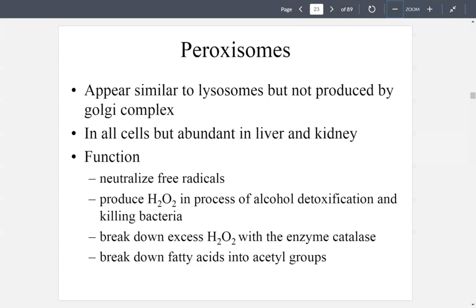That byproduct needs to be gotten rid of, hence peroxisomes. Now, the liver and the kidney have way more peroxisomes than any other cells in the body. And that's because peroxisomes, because they enable the breakdown of hydrogen peroxide, are going to be involved in the process of alcohol detoxing and killing bacteria.